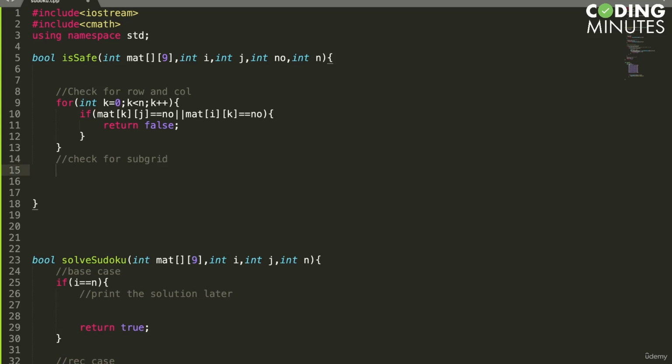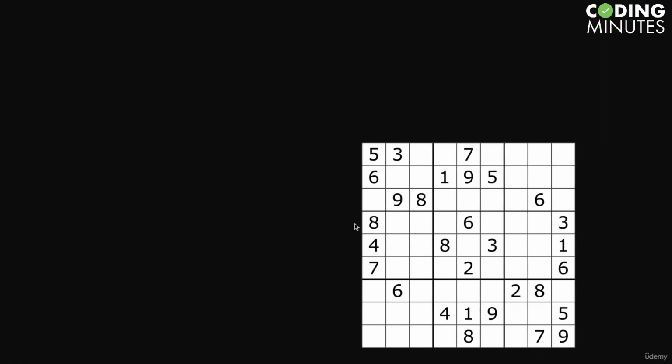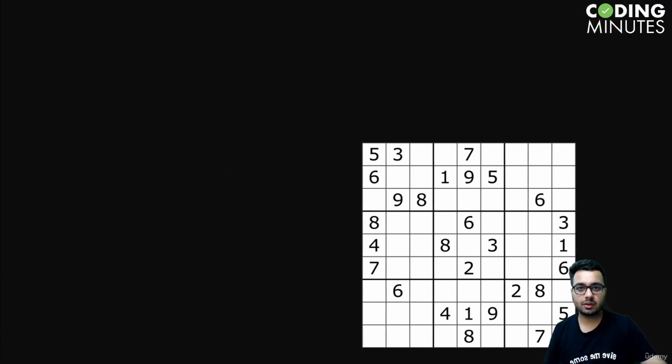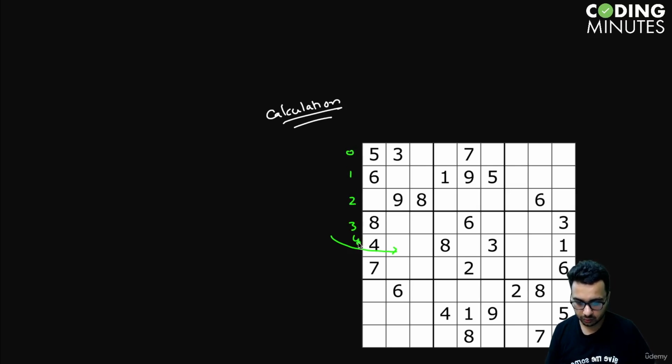Now comes the tricky thing. How do we find out in which subgrid this number is contained? Let us also learn about this calculation that we are going to do. For example, let's say I want to find out for this particular cell. So this is 0 1 2 3 4 5. This is 4 comma 1, and the subgrid for this cell starts at this particular cell.